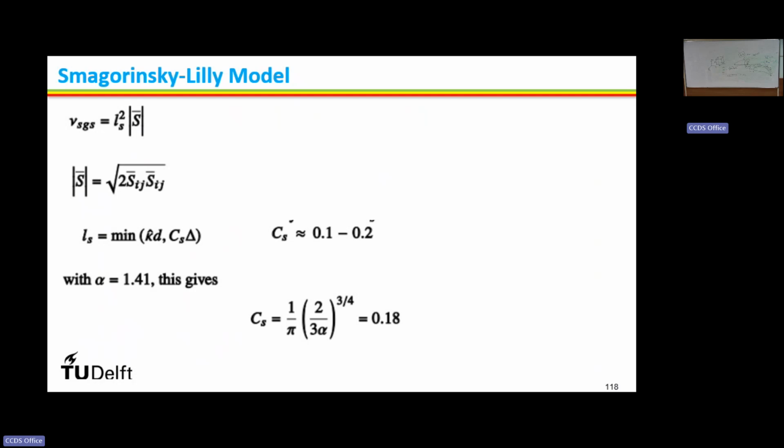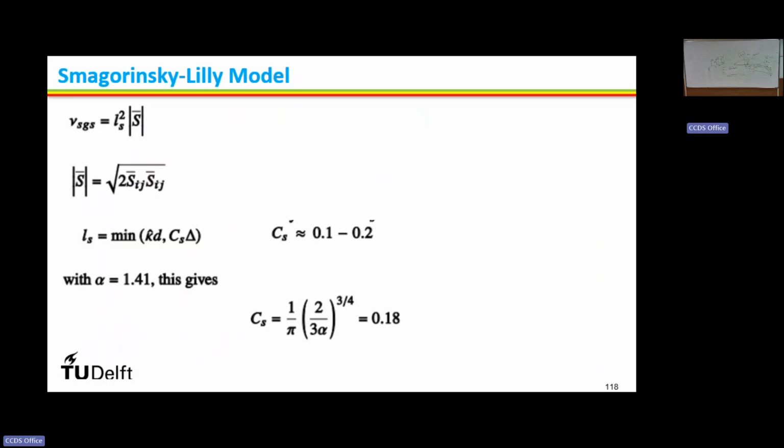The mean strain rate is a mean quantity, so we can get it. L_S is called the mixing length, by analogy to the Prandtl mixing length theory. Now we have one more variable, the mixing length L_S. Is its value known? No, it's not known.